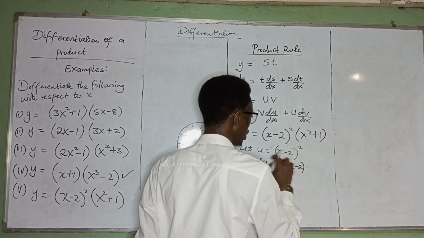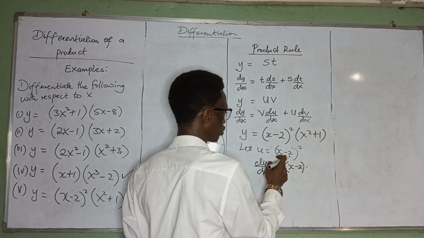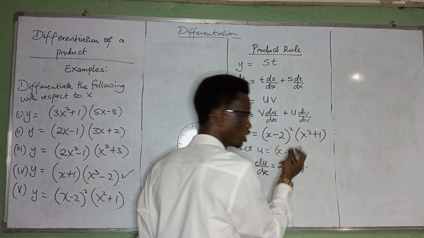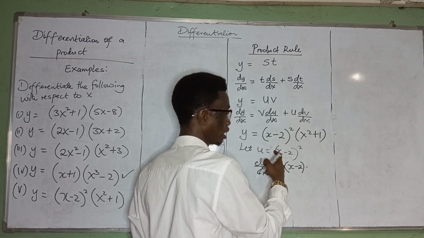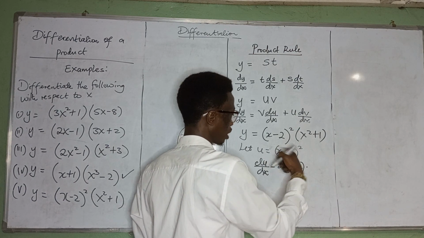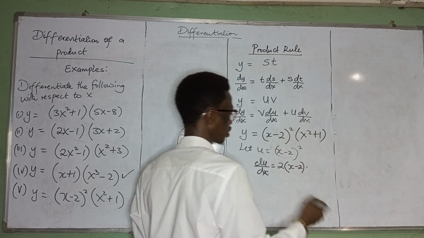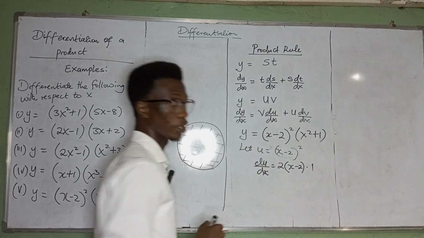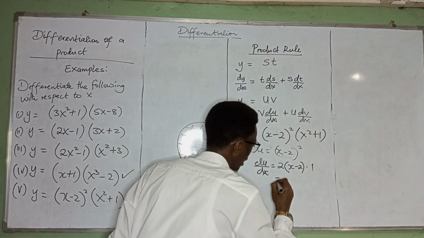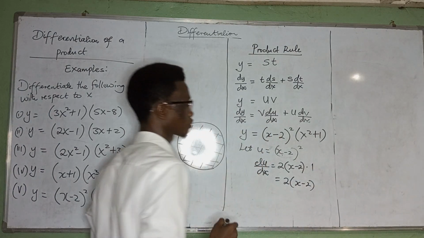Differentiating a constant becomes 0, so you just differentiate x, and that becomes 1, since x to the power 0 is 1. So when you differentiate what is inside this bracket, you have 1. So your answer here becomes 2 into x minus 2.